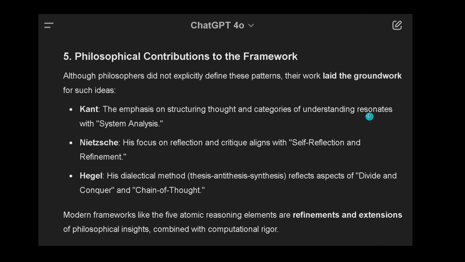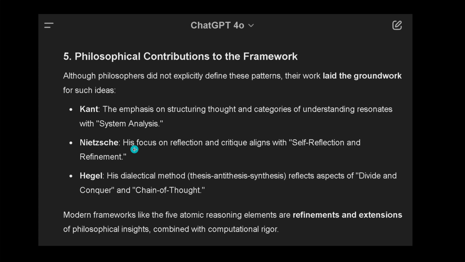That is great. But then, if I look deeper, that was interesting because Kant, with the emphasis on structuring thought and categories of understanding, this kind of resonates here with our system analysis if you have a very wide interpretation of this. And Nietzsche here, his focus here on reflection and critique here aligns here, if you want, with self-reflection and refinement.